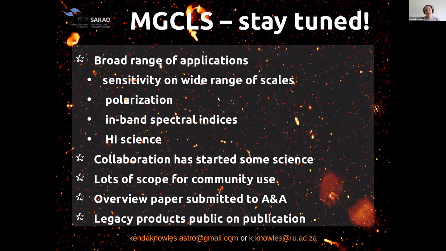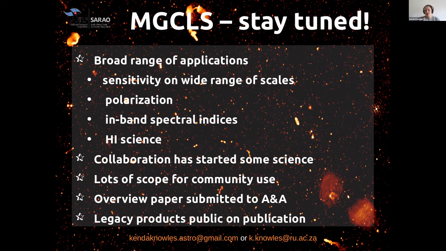So then just to summarize or finish up, I hope I have convinced you that this legacy survey has a very broad range of science applications. It has a wide range of capabilities which allow for the different types of science, key ones being sensitivity on a wide range of scales and spectral index measurements for the brighter stuff.